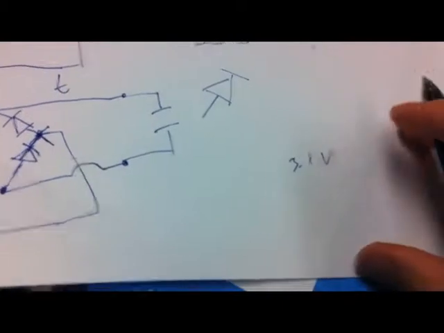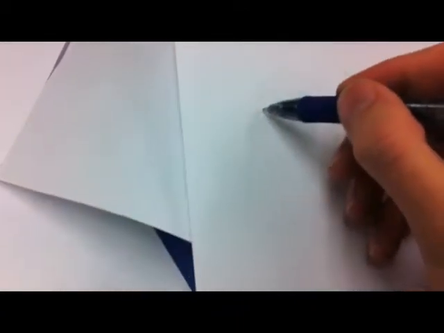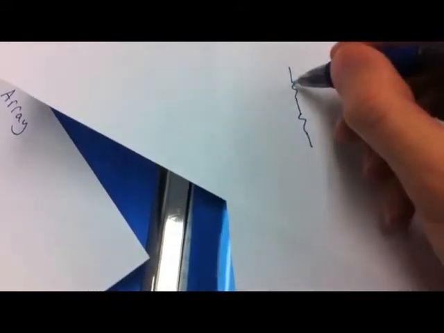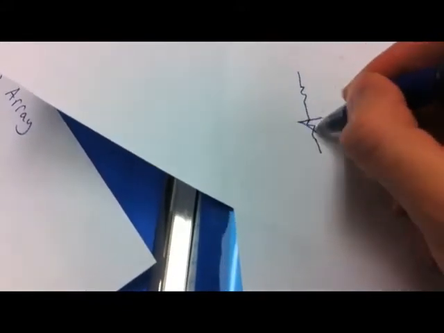We have 20 of them, so let's see if we can put them all into 5 in series with 4 sets of them in parallel. So we have 1, 2, and that's going to be a resistor.